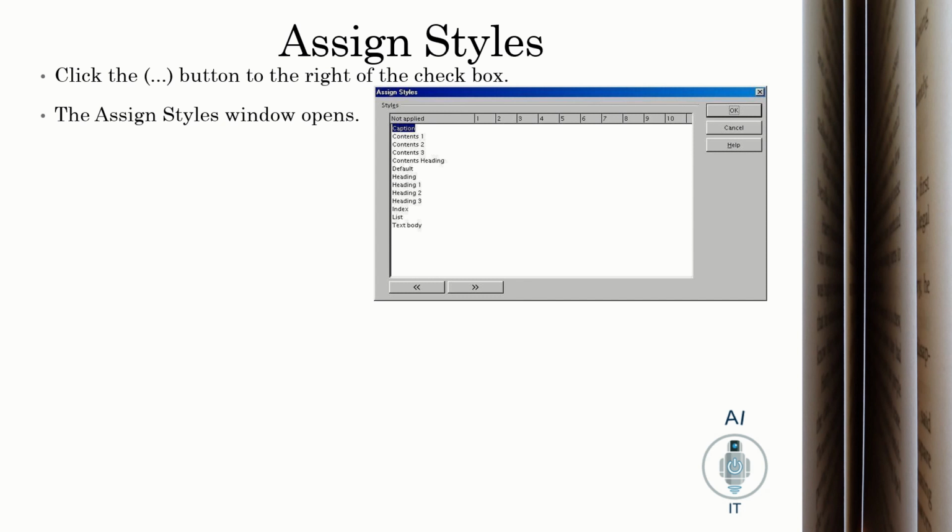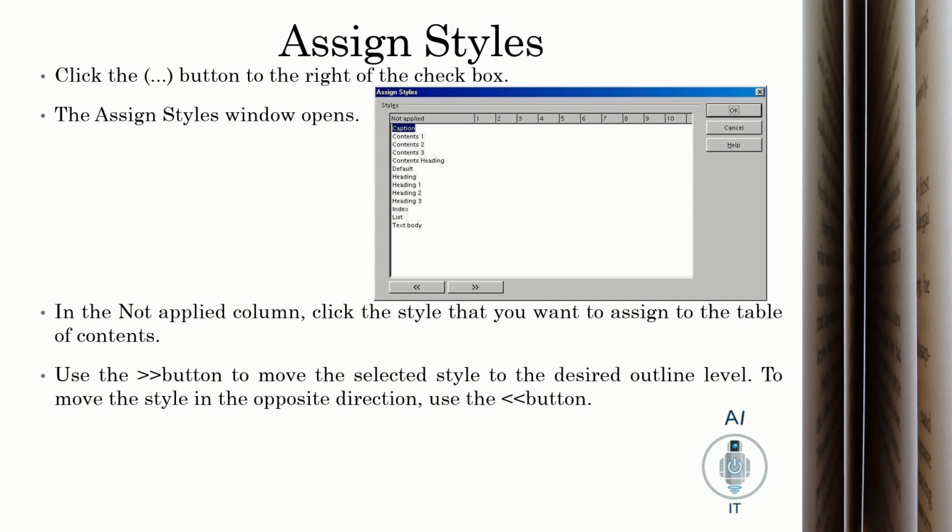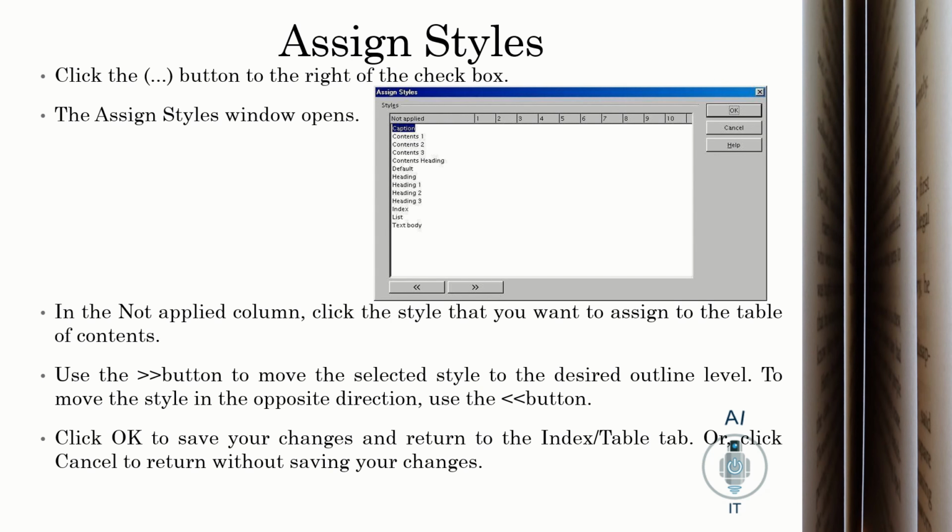As you can see, for every style there are 10 levels of headings listed. We can assign the style by selecting one of the options and then assigning it to the table of contents using the right arrow. Once it is done, we need to click OK so that we get back to the Index Table tab of Table of Contents.